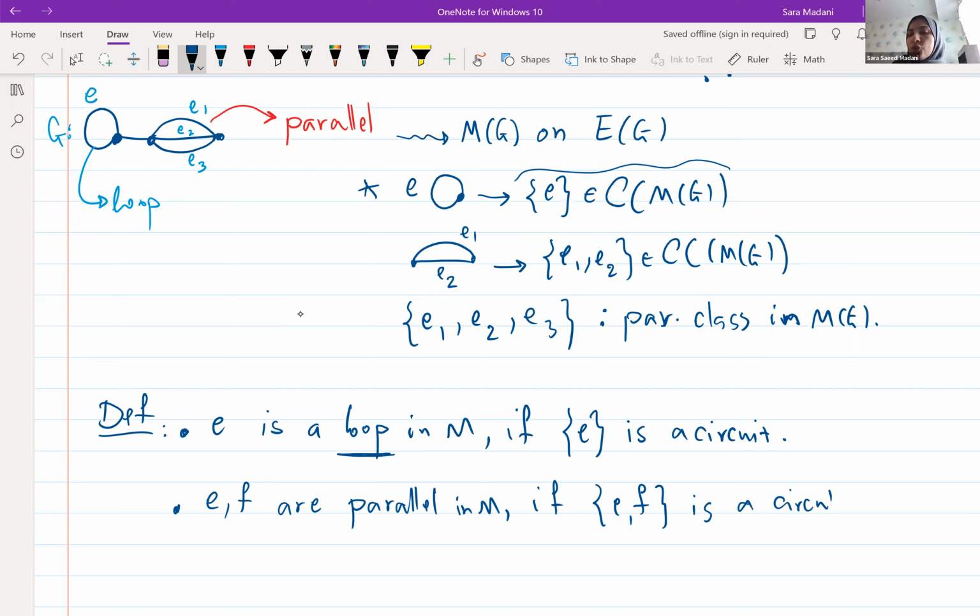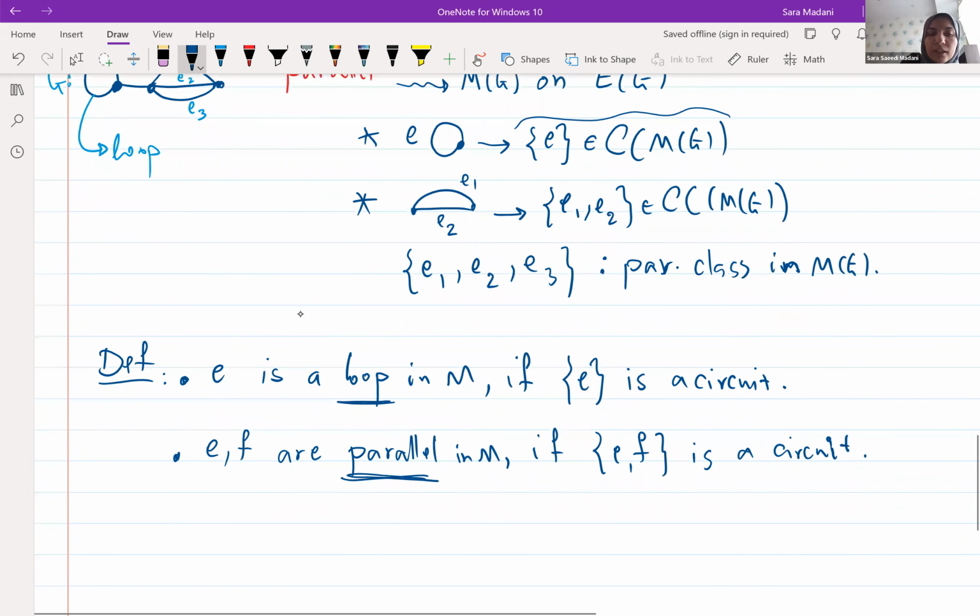This is the general definition. And as you see here in our example, this was the case. These two parallel edges in the graph provided us a circuit of cardinality 2. Now again, we can understand better why this word parallel has been used for this definition. We have an intuition in graph world.